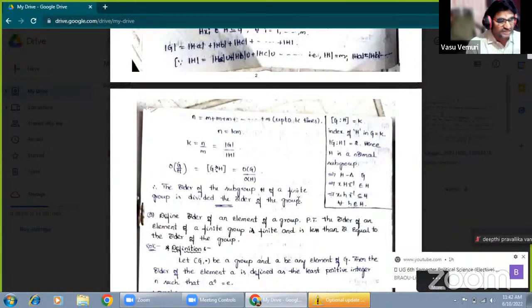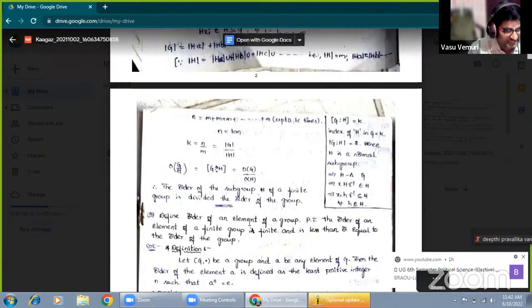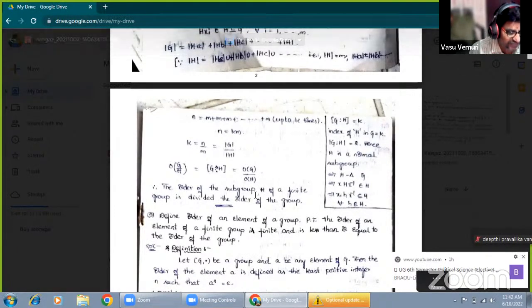Finally, the order of a subgroup H of a finite group divides the order of the group. That is the Lagrange theorem for finite groups.